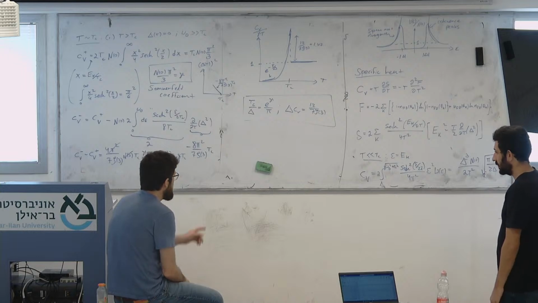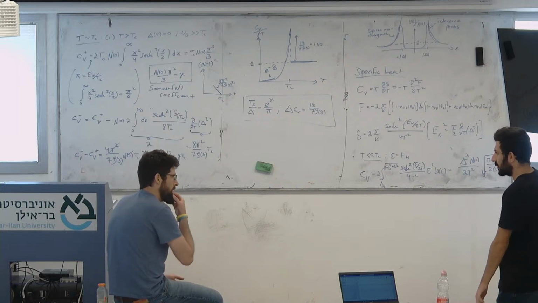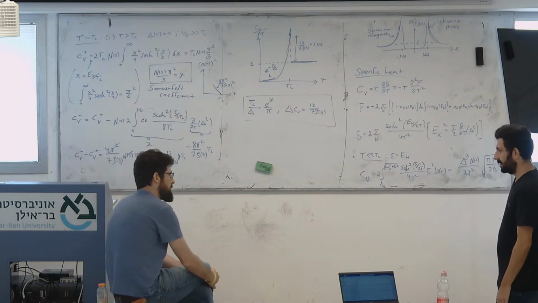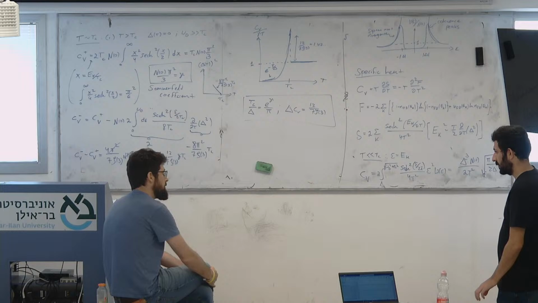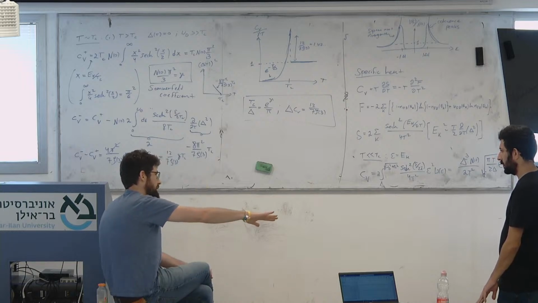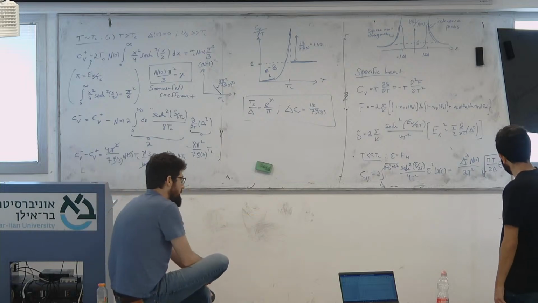And because in this case you have a sharp gap, then the only way you can excite is thermally. But if TC is much smaller than delta, then you're living on the exponential tail. Right, and that's the origin of this e to the minus delta over T.